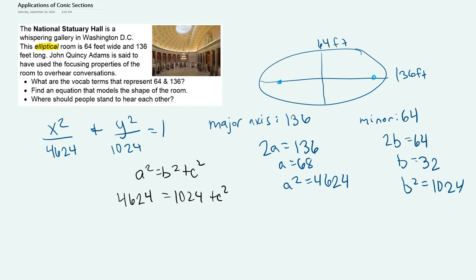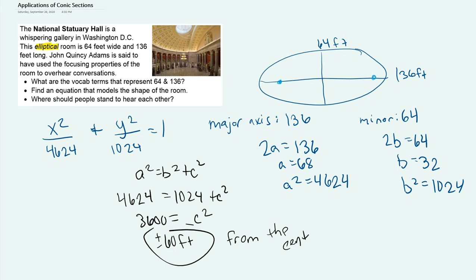So if I subtract that off, I'll get 3600, which means if I square root that, I'll get plus or minus 60. So they should stand 60 feet from the center.